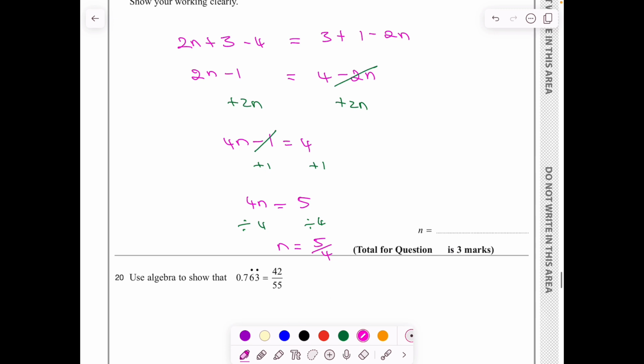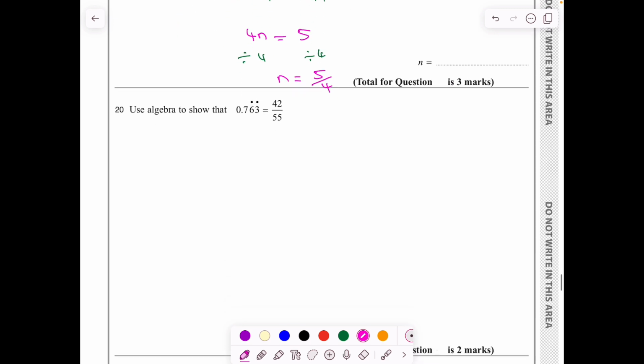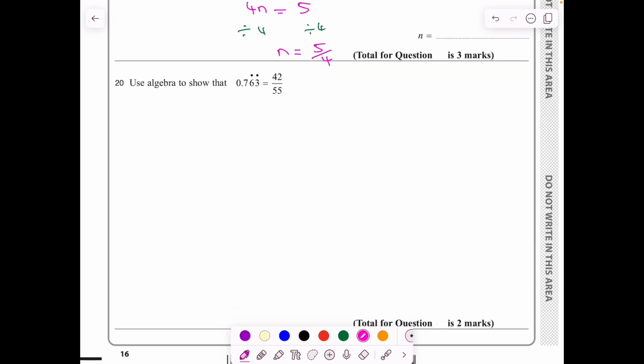Okay, so next one, you have to use algebra for this. You cannot get full marks if you don't use algebra. So we're going to say that x equals our recurring decimal, 0.7636363. So note that the 7 stays the same, it's just a 63 that recurs.